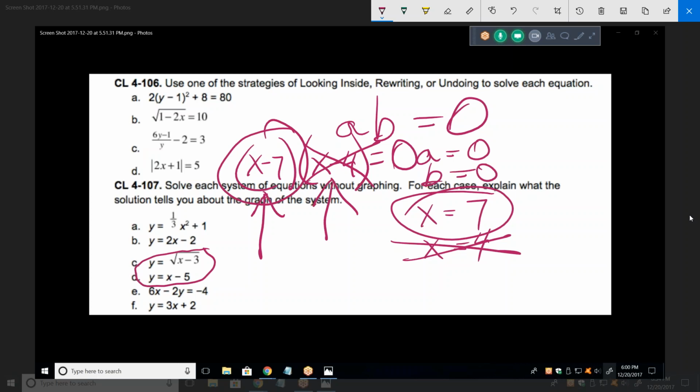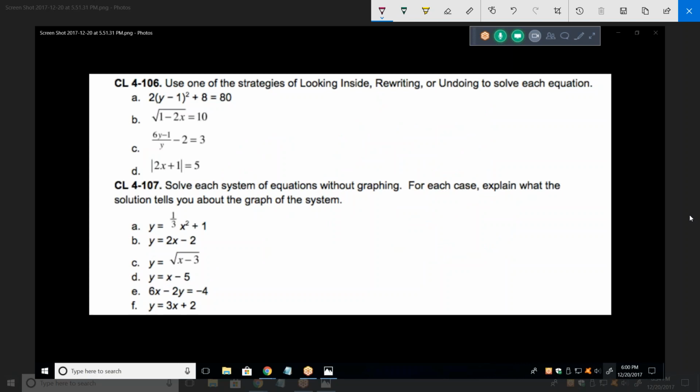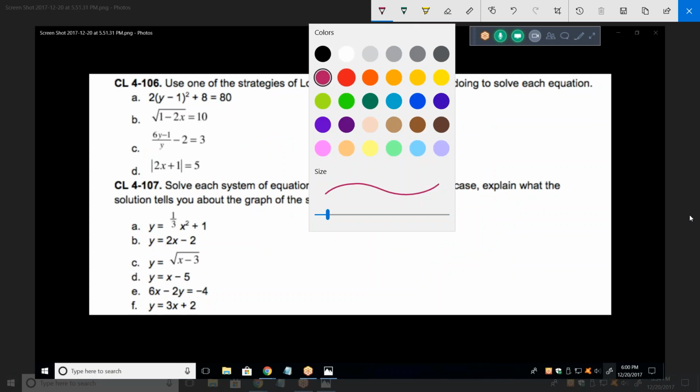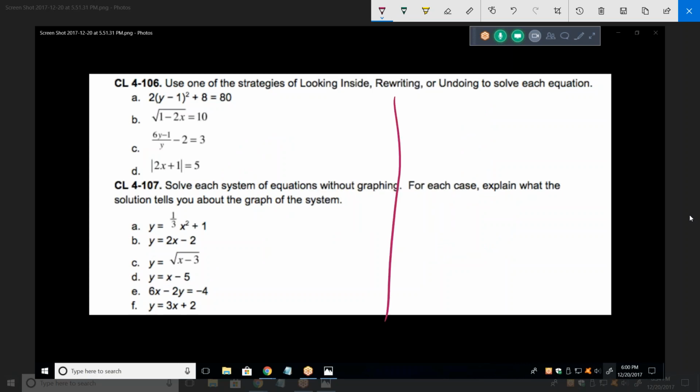So in terms of explaining what the solution tells you about the graph, I guess it's that there's only one intersection point. There's only one solution. It's x equals 7, y equals 2. And here, let's just graph it just so I can kind of illustrate what I'm talking about. The top one is the square root function, shifted 3 to the right, like that.